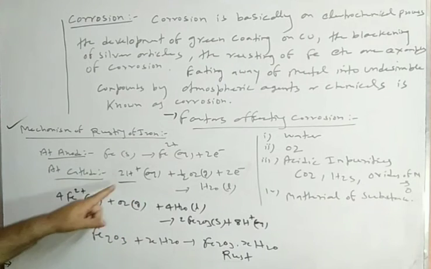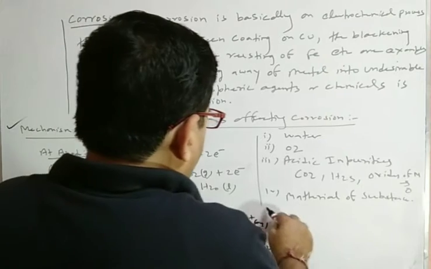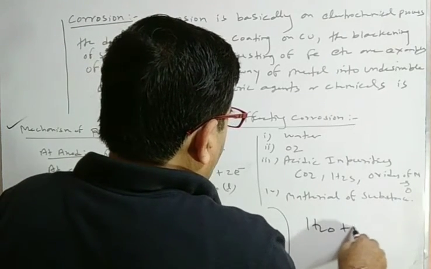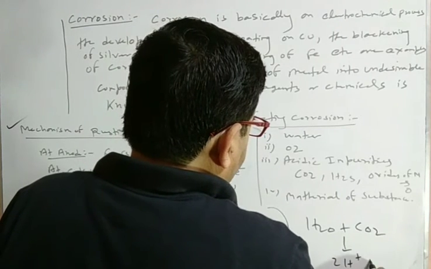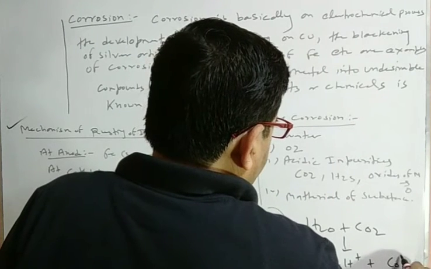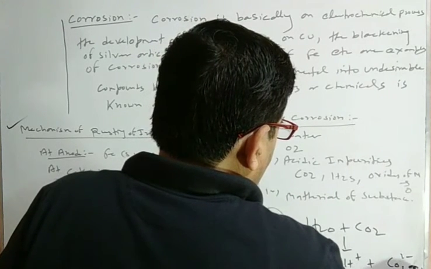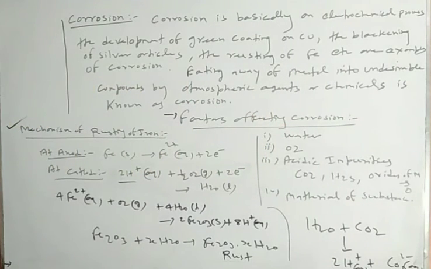This H+ comes from what? Atmospheric agents. Because you know that in the atmosphere, water reacts with CO2 to form what? Carbonic acid. So finally, when we add the reactions, we get what? A complete balanced chemical equation.